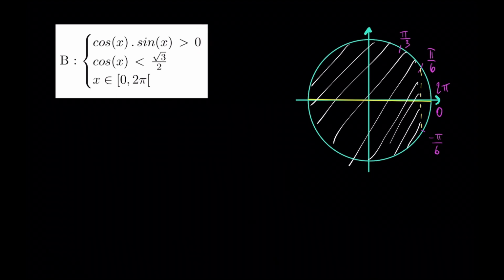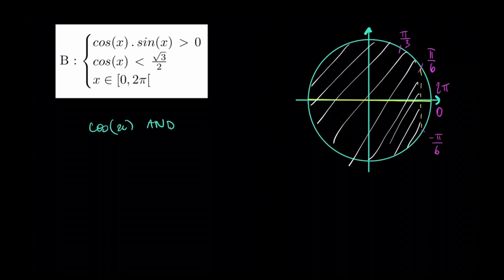Now let's focus on the first inequation. The multiplication of cosinus and sinus has to be strictly superior to 0, so strictly positive. When is the result of a multiplication positive? There are two cases. First, if both terms, cosinus and sinus, are both positive.